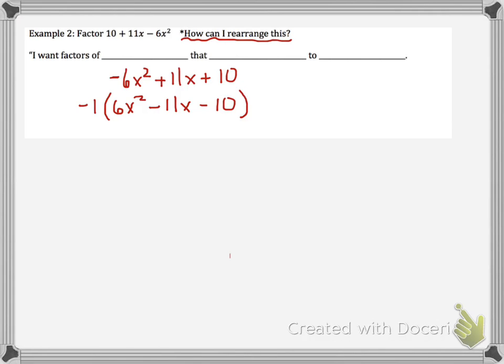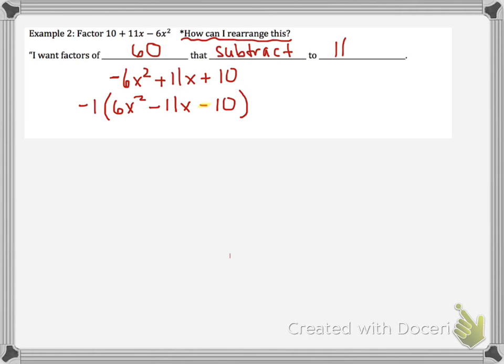Then we can go through and think about, okay, I want factors of what? We want factors of 60 that subtract because of that minus in the constant term. And we want them to subtract to what that middle term is, which is 11.